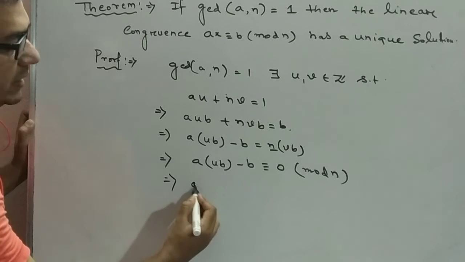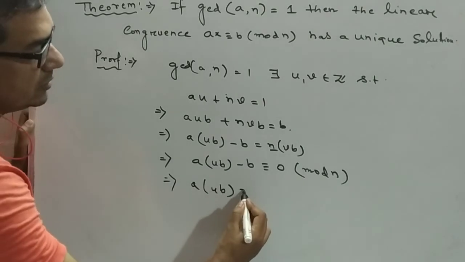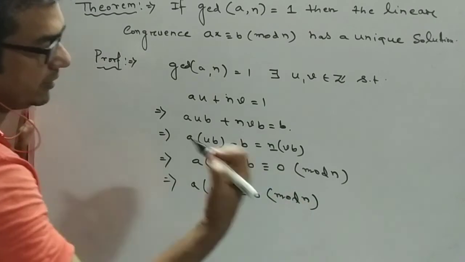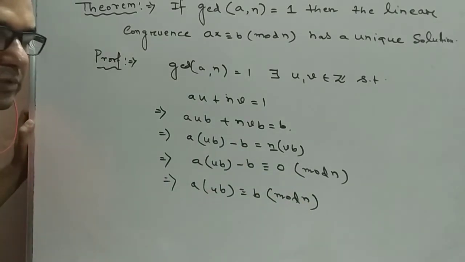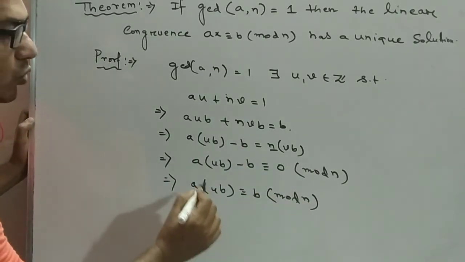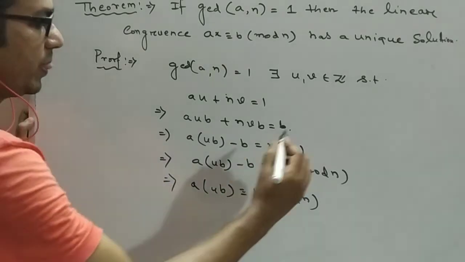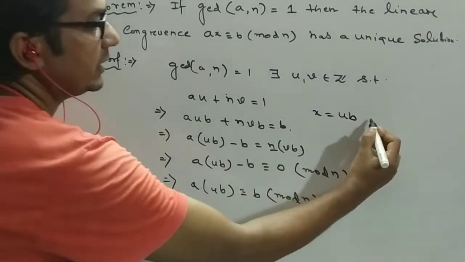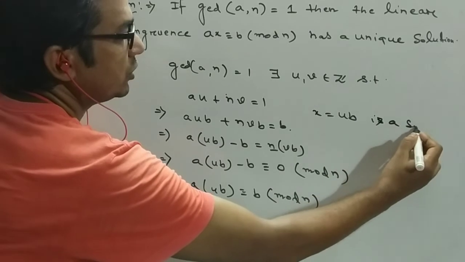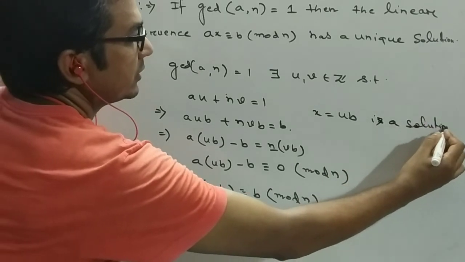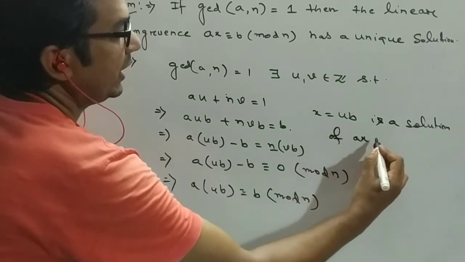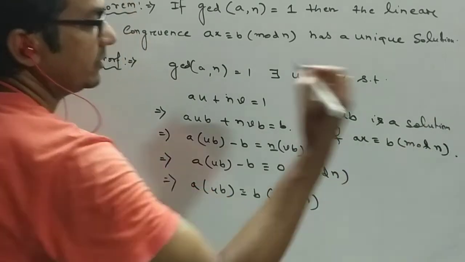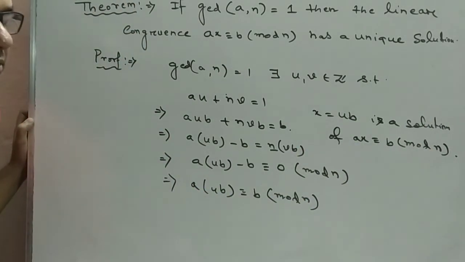That is, AUB is congruent to B mod n. So we can say that x equal to UB is a solution of Ax congruent to B mod n, right?